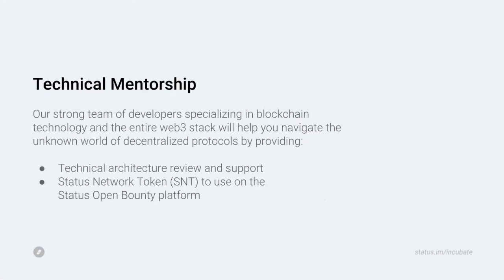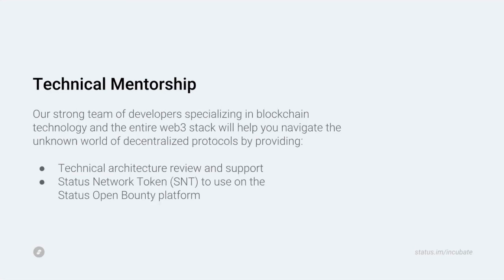We will offer technical mentorship. So we have a strong team of developers specializing in blockchain technology and the entire Web3 stack. And they are keen to become mentors as well. They are keen to help these new projects to navigate this unknown world of decentralized protocols. And there'll be a few different ways that we can do that. One is we'll be providing technical architecture review and support. And the second element we'll also be providing SNT to use with Status Open Bounty.